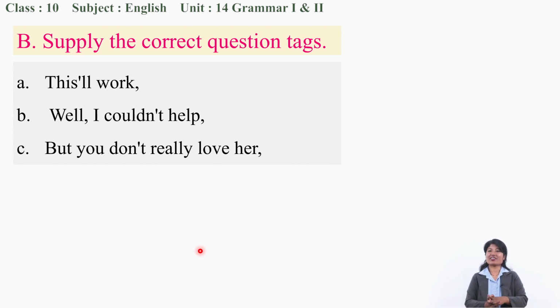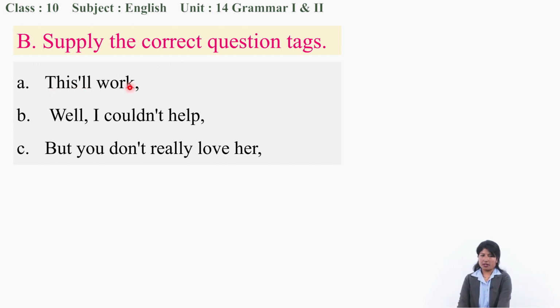All right. Let's supply the tag for the first statement given over here. This will work. Is it positive or affirmative or negative? What do you think? Of course, this is affirmative, right? So we need here a negative tag.